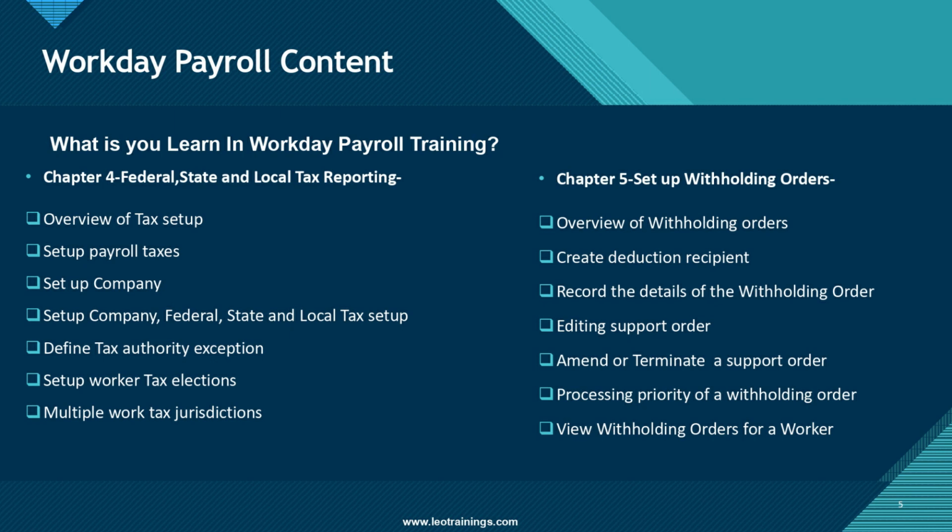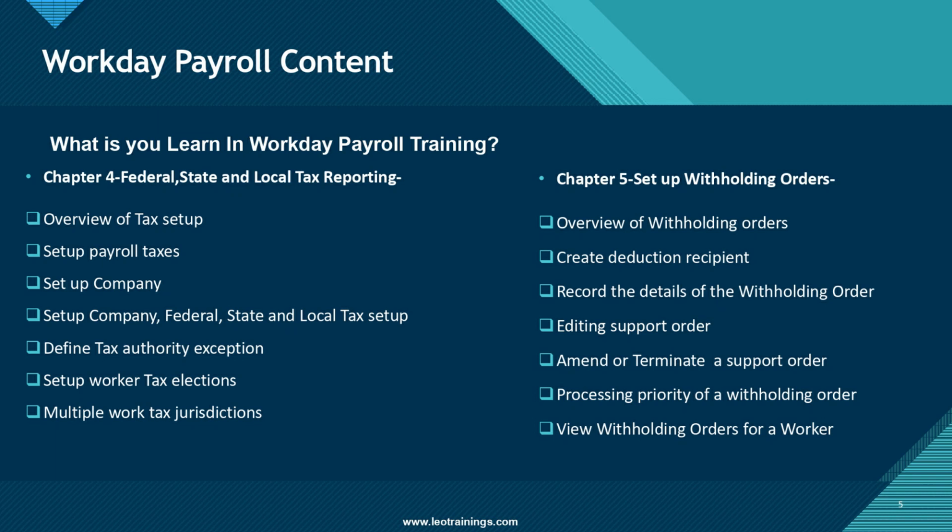Okay, so here voluntary garnishments and involuntary garnishments. Voluntary garnishment is, for example, a charitable trust. If you want to contribute some amount to charities, you can contribute through the voluntary one. Involuntary garnishment means, for example, spouse support.